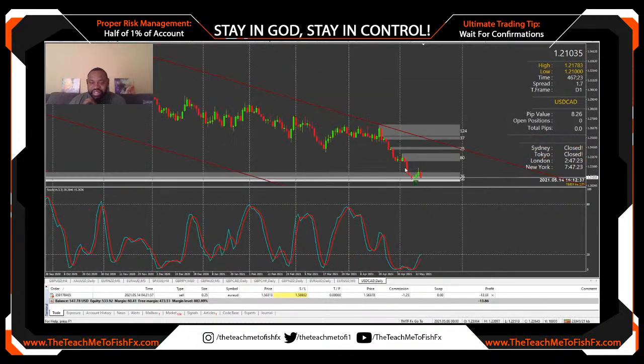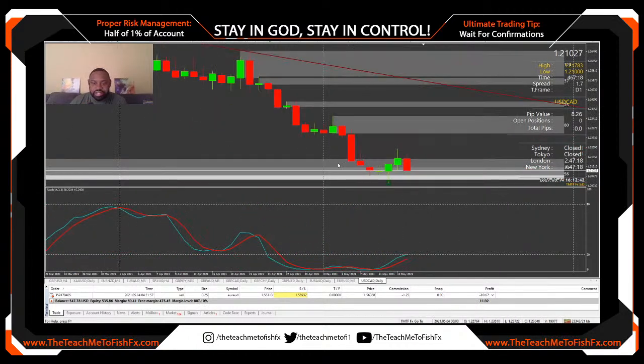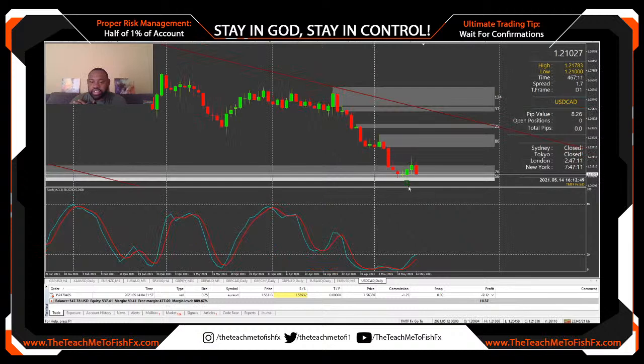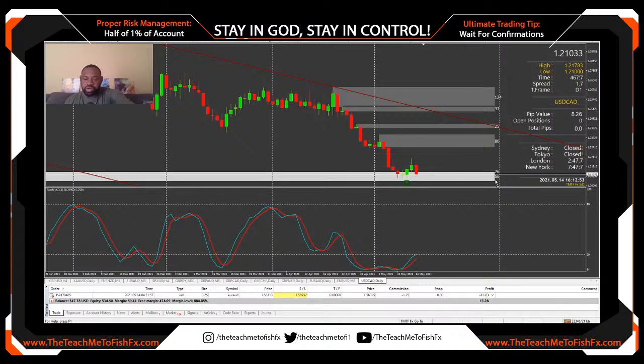It did come in and test these zones. It actually violated these zones. Look at this. So these zones, in my book, are null and void, just because we got that piercing through. That's just my book. That means that zone did not hold up.